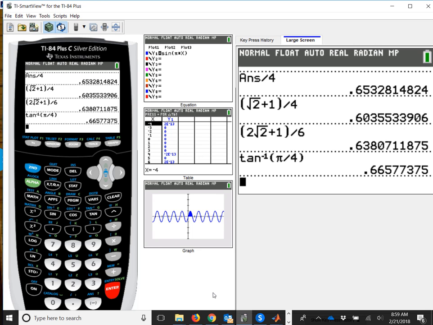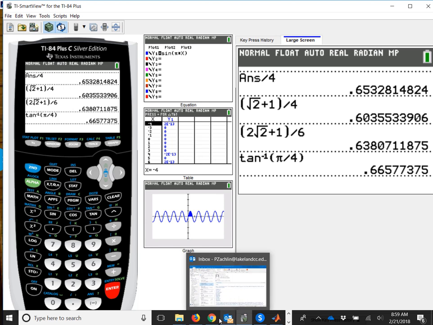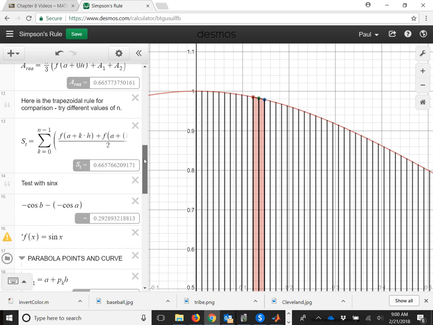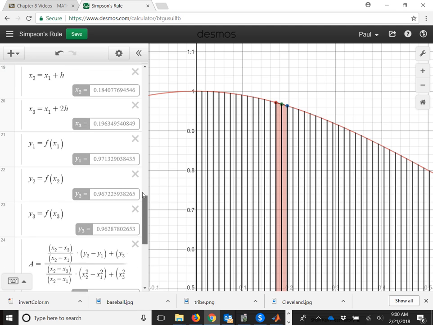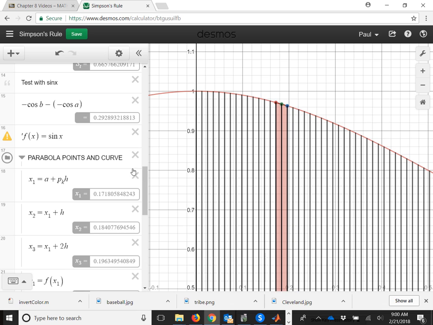Hey, let me check that. Yeah, 0.66577375. Let me compare that to what we have here. 0.6657737. Wow, we're really close. Of course, that's a big value of n, right? That's n equals 64. Let's compare that to the trapezoid rule. Oh, by the way, see parabola, points, and curve.